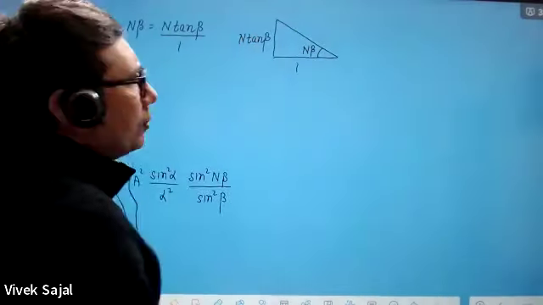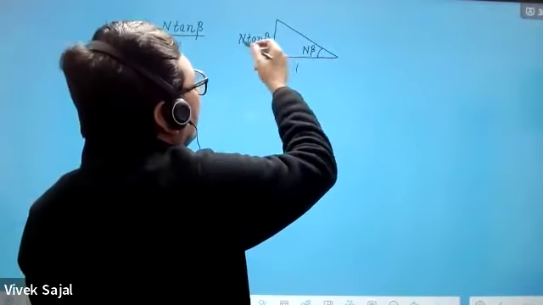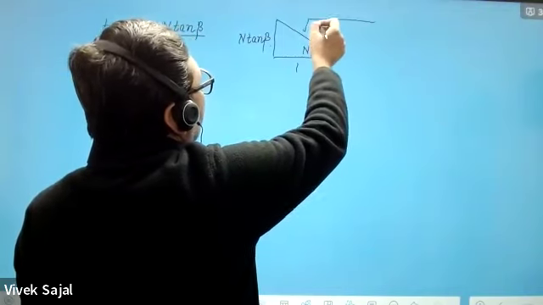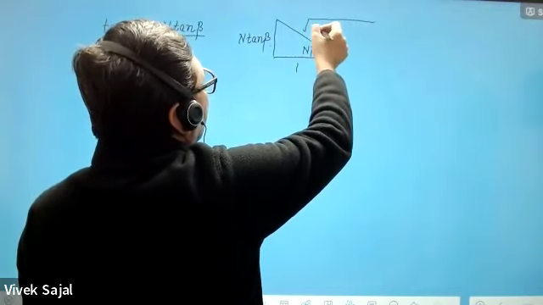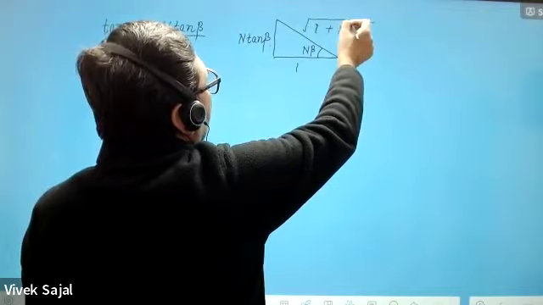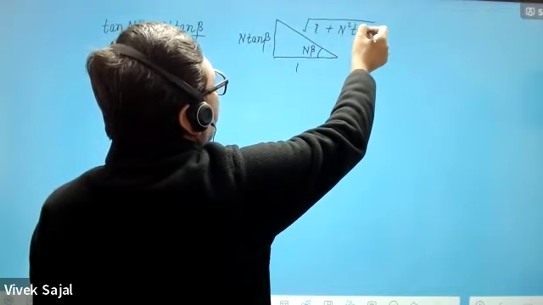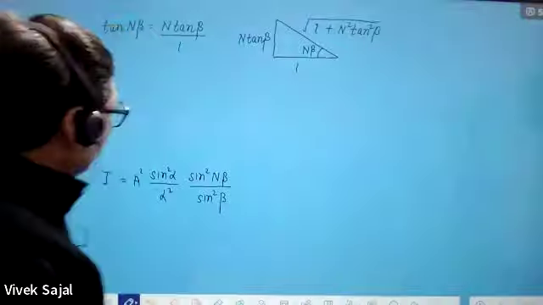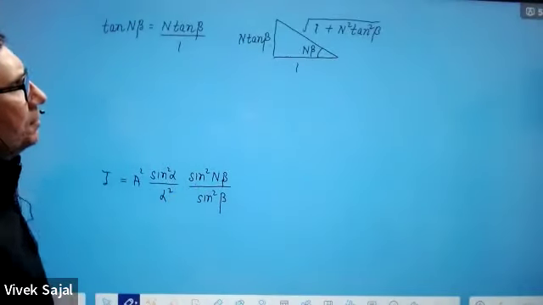If the base is 1 and the perpendicular is n tan beta, then from the Pythagoras theorem, the hypotenuse will be the square root of 1 plus n squared tan squared beta. Why am I doing this? Actually, I want to find out this sine n beta.